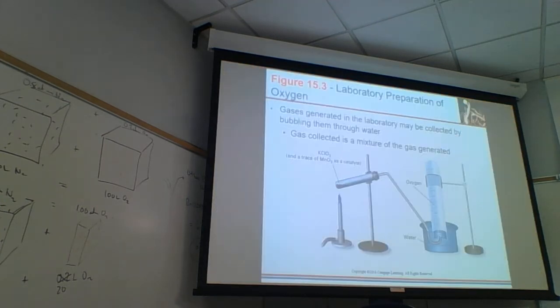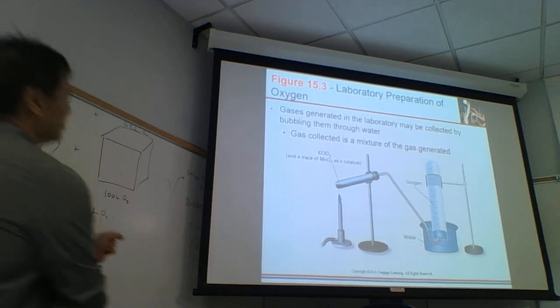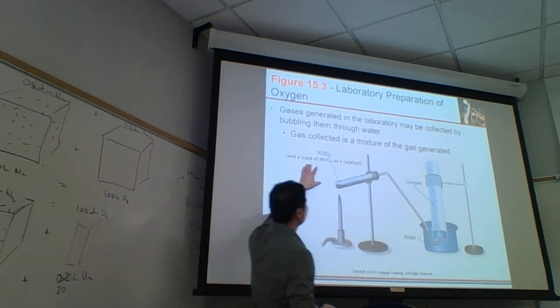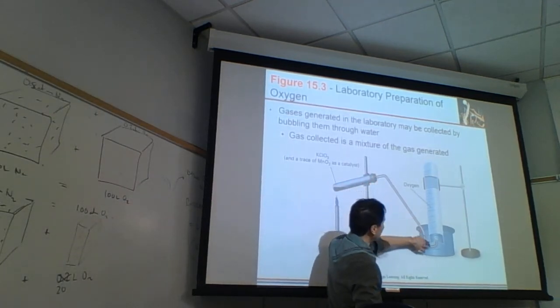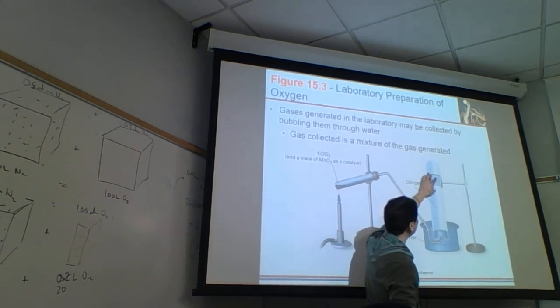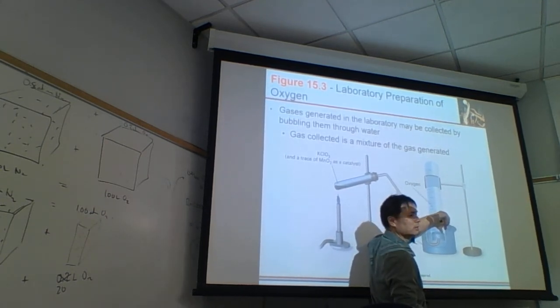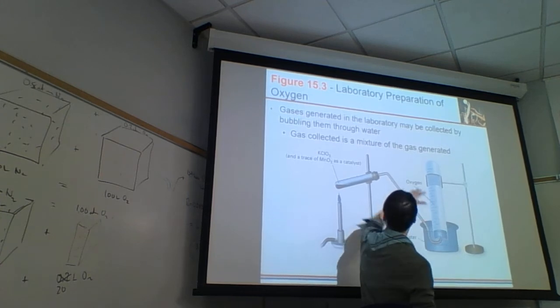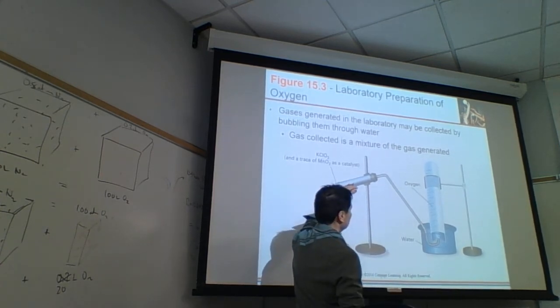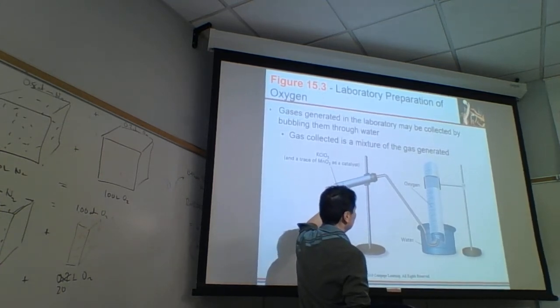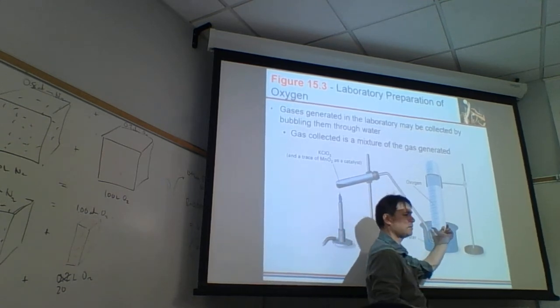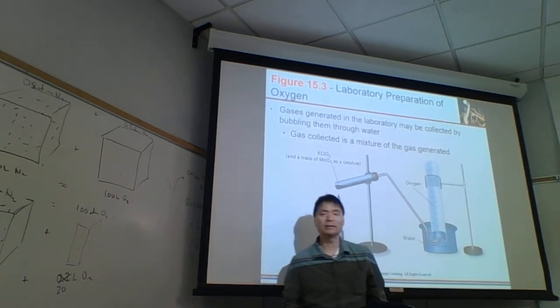What is it contaminated by? So here they're showing it in this apparatus here. They're generating the oxygen gas, which is going to bubble up through here. They're going to trap it in this inverted tube here. Do you see that? But this reaction is only producing oxygen. KCl is going to stay here. This oxygen is contaminated. Do you know what it's contaminated by?